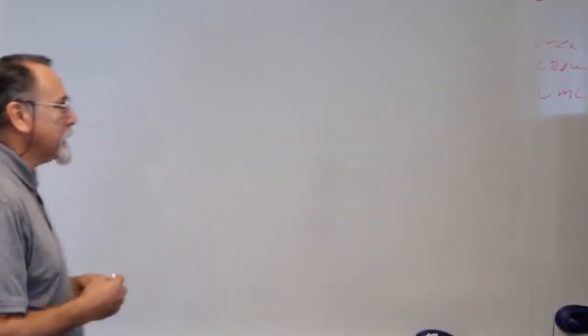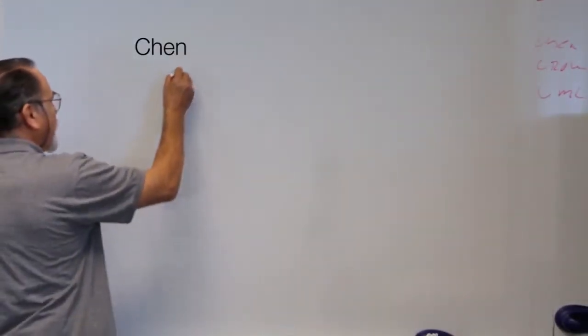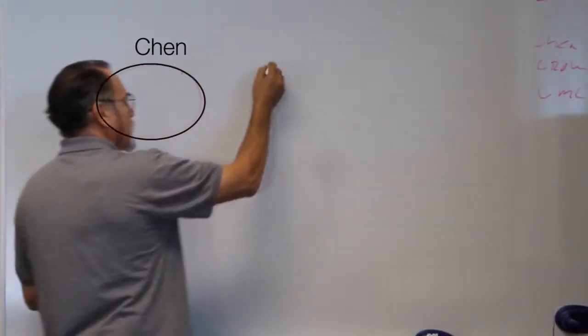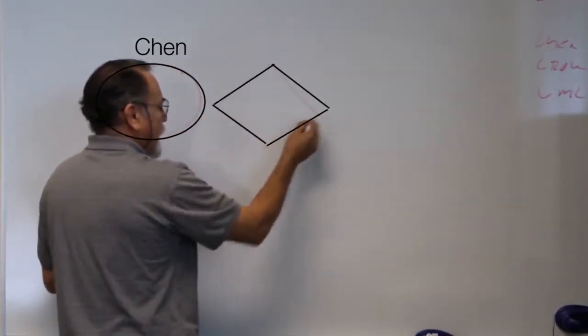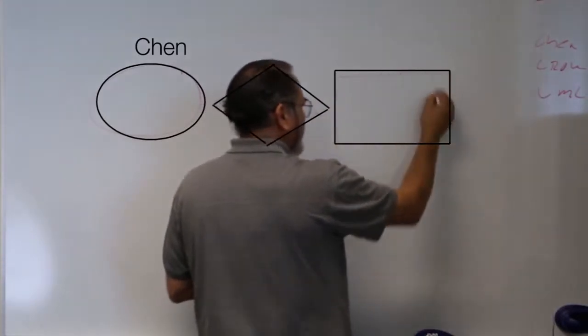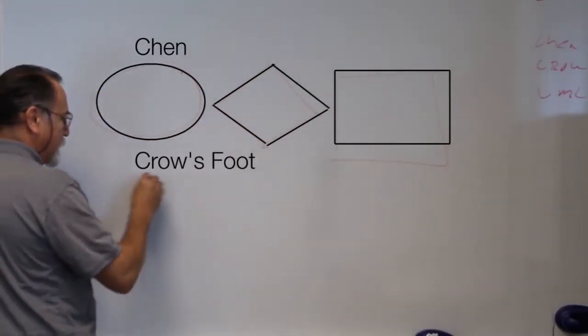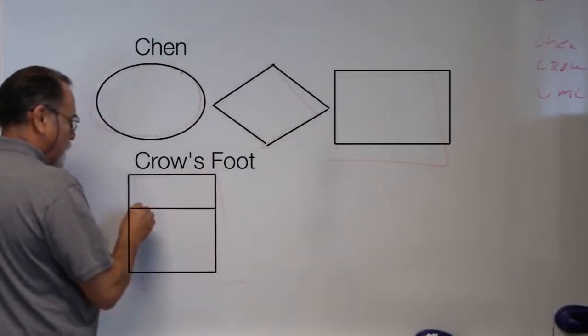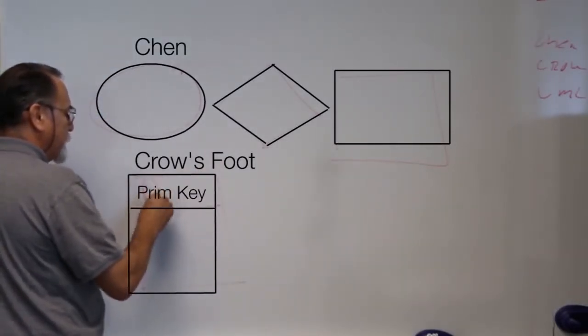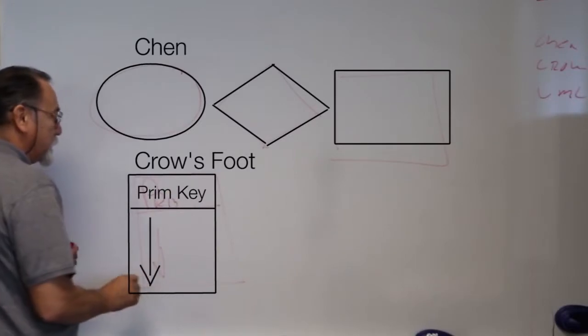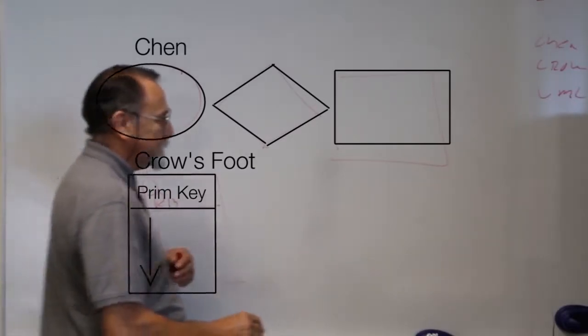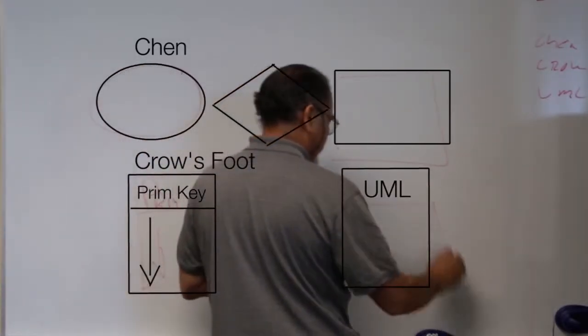The Chen model uses the oval, the diamond, and the rectangle. The Crowfoot tends to center around the box or the rectangle, and this is where you have the primary key and the data that supports. And then you have the UML process.